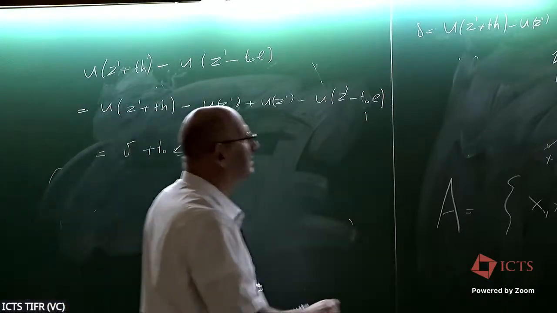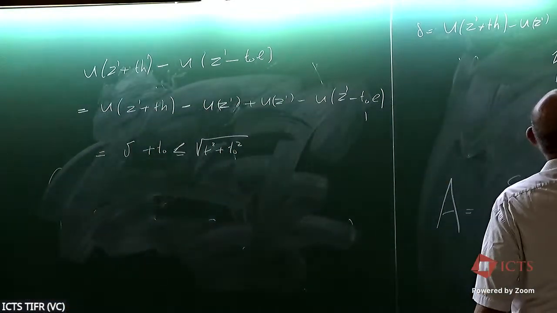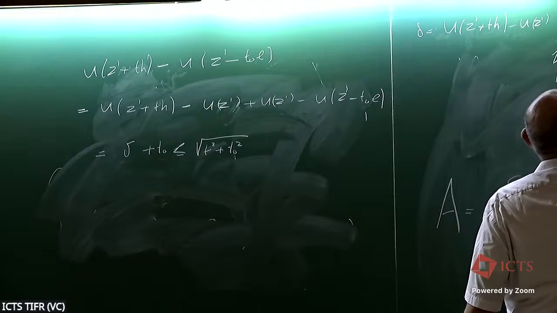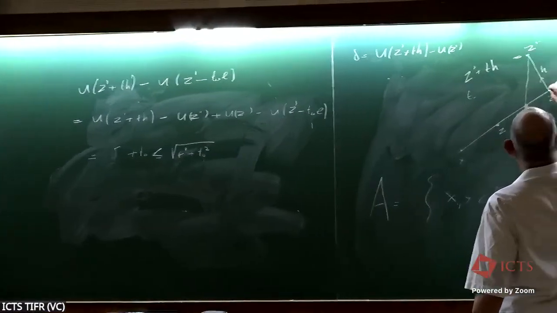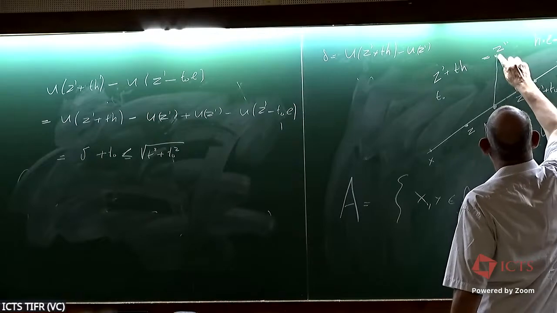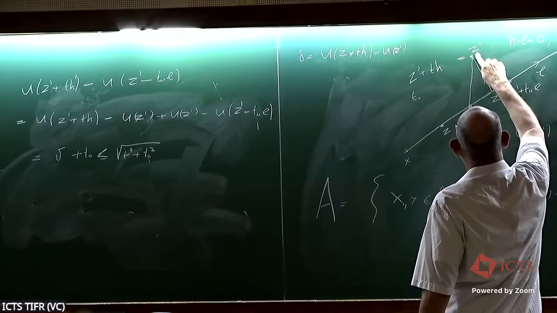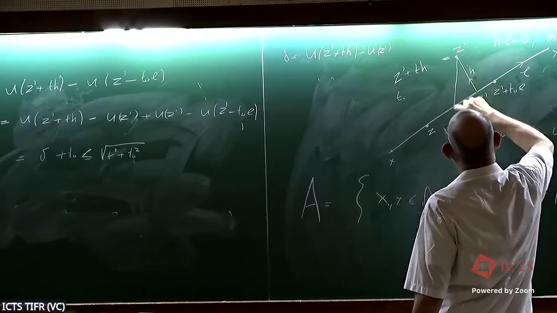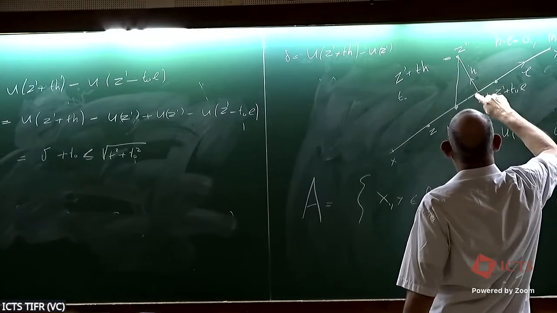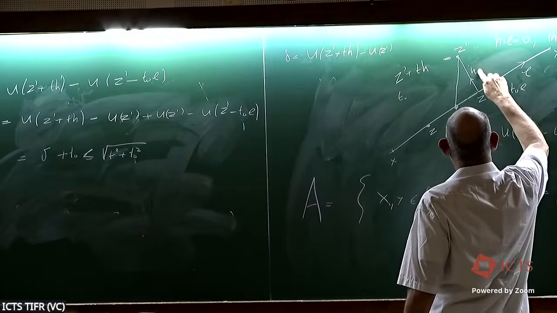Why? Because this is the hypotenuse of this right triangle. So we know that u is Lipschitz 1, so the distance between the value here and the value here is smaller than this distance. And by Pythagorean theorem, this is just t square plus t0 square.